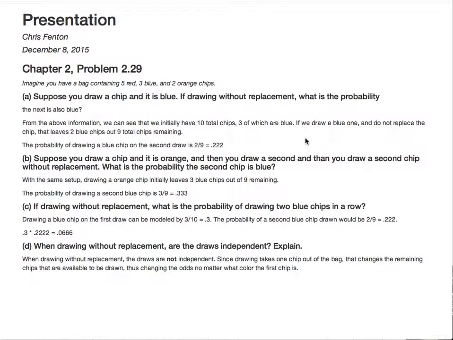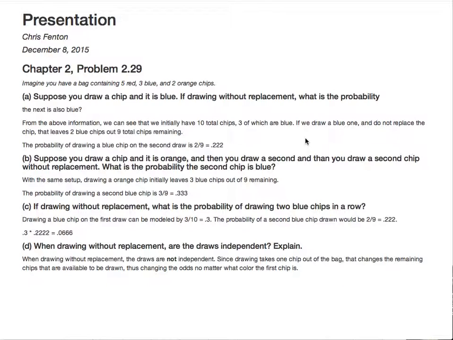Again, our total population of chips is going to go from 10 down to 9, but this time, since the chip was orange, there's still the same amount of blue chips in the bag. So that's going to be 3 over 9, 3 blue chips over 9 total chips, and that leaves us with 0.333 repeating.